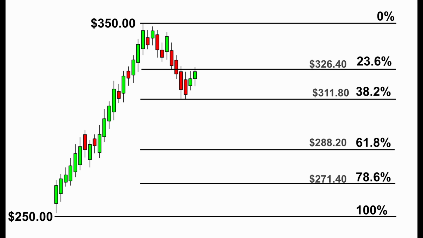The second retracement level at 38.2% will correct $38.20 from the $350 high, which is $100 uptrend multiplied by 38.2% equals $38.20.